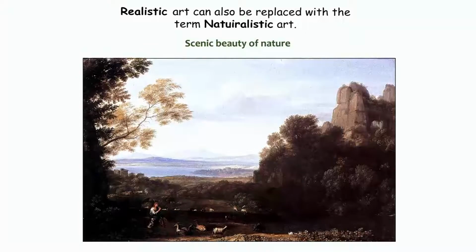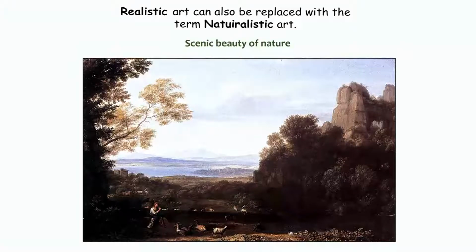We have mentioned this concept of illusionism in one of our previous lectures, and now we shall see some variants of it. Since the term realistic can also be replaced with the term naturalistic art, let us see some of the main categories of realistic art that dominated the history of Western art for a long time.